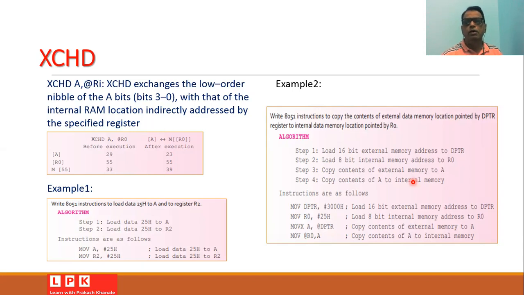Then copy the content of external memory to the accumulator, and then copy the content of A to the internal memory. For this, you can write MOV DPTR, #3000H, then MOV R0, #25H, MOVX A, @DPTR, and MOV @R0, A.